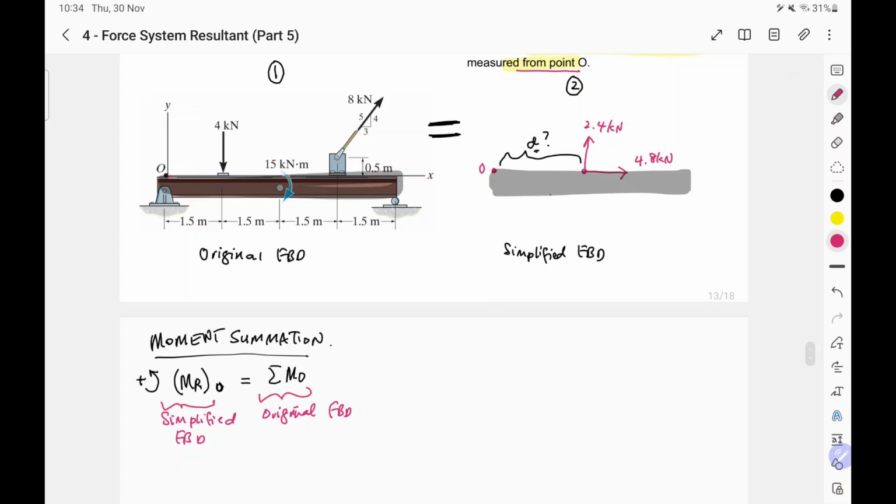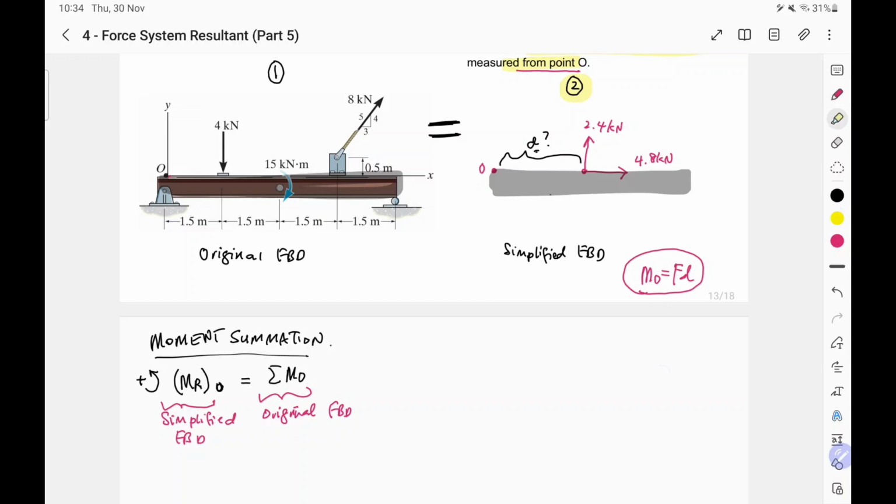From the simplified free body diagram, or figure nombor 2 ni, convert all the external loads into an equivalent moment. So recall, moment punya formula adalah moment sama dengan F darab D kan. So you have to use this relationship to convert all the forces into an equivalent moment.